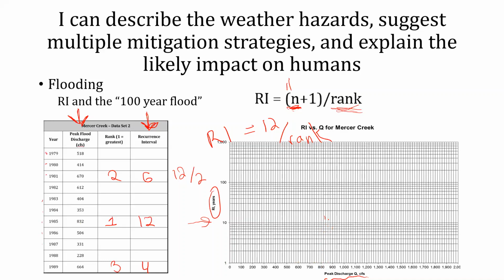Something around there. I understand it might be a little messy. All right, now for the next one, I want a discharge of 670, recurrence interval of 6. Discharge 670, recurrence interval 1, 2, 3, 4, 5, 6.